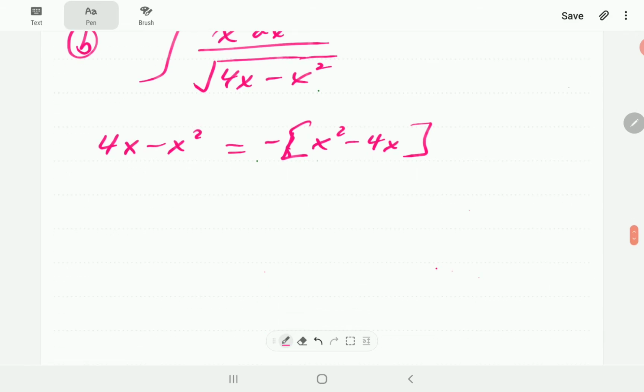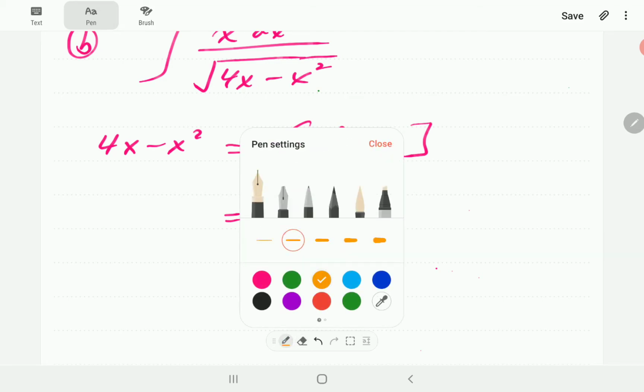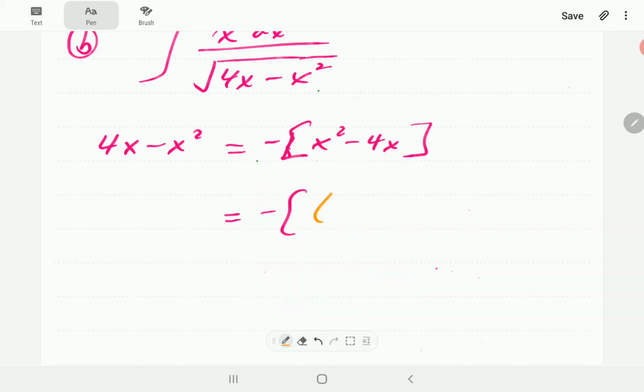And then once we've done that, we can now complete the square inside the square brackets. So if we use that procedure again, the first 2 terms are now going to look like this. Then in this case there is no constant term.